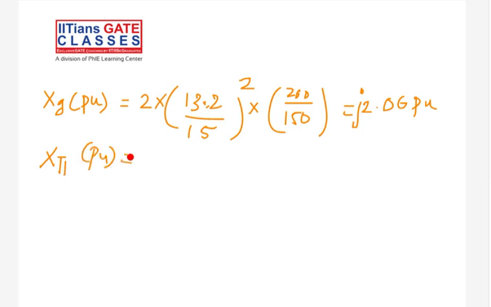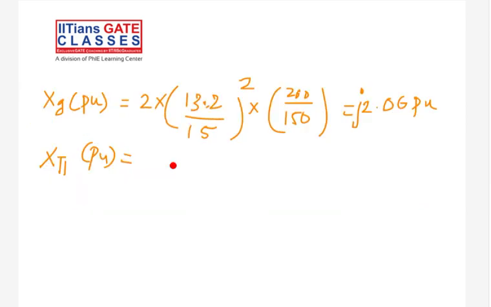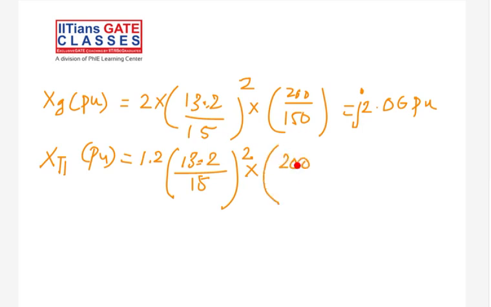So what is given? It is given as 1.2. So that would be 1.2 divided by 13.2 divided by 15, the whole square, into 200 divided by 100.